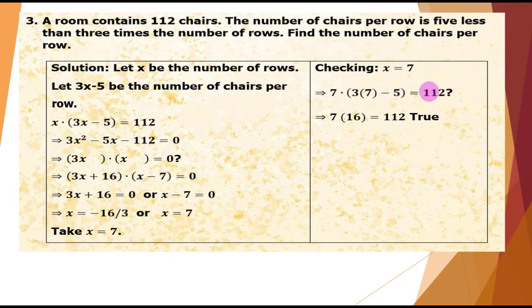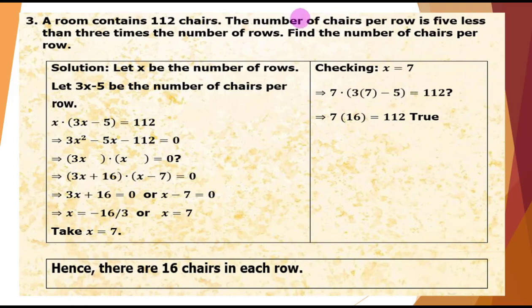We are verifying whether this is a true statement. At this point, it is not validated yet that it's equal to 112, so we put a question mark. But in this case, we have here 7 times 16. It's true that it's 112. So therefore, there are 16 chairs in each row.